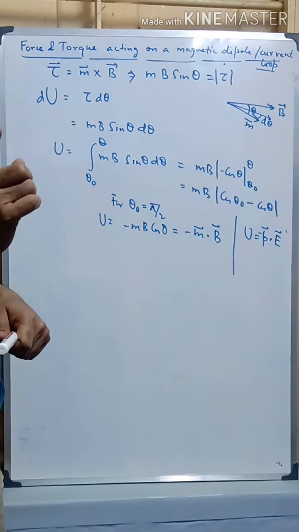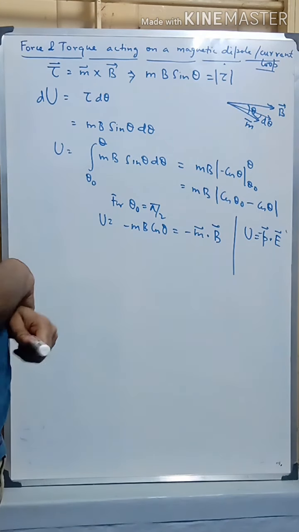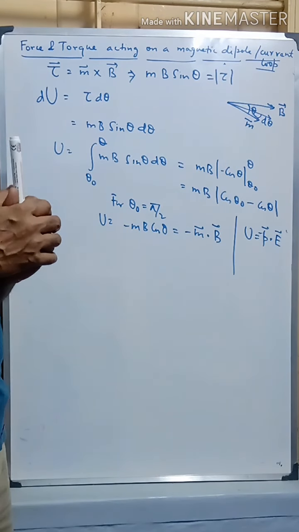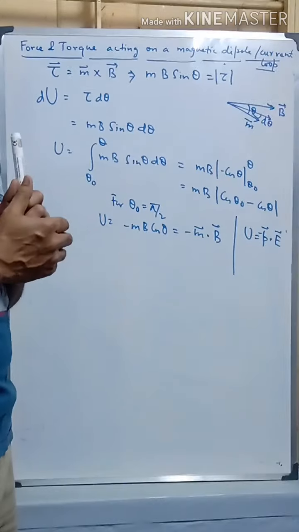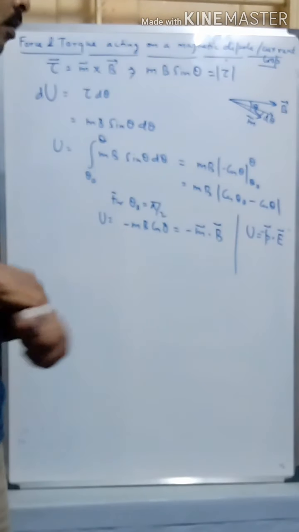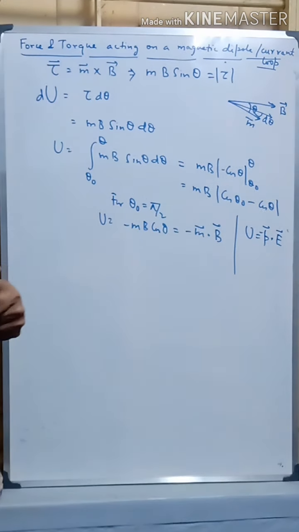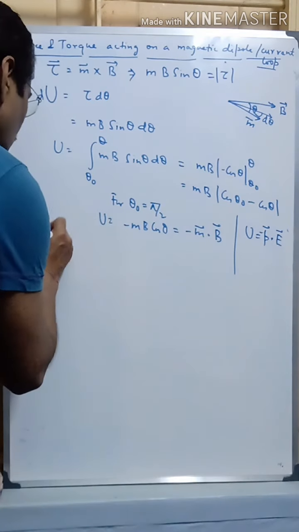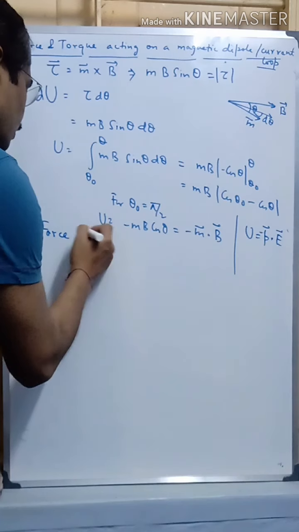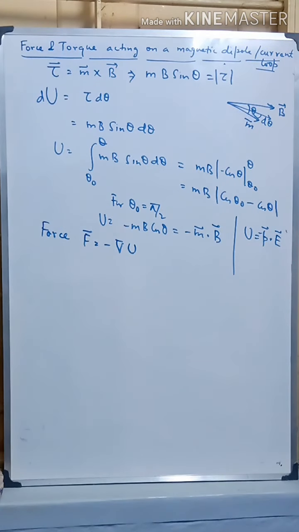If it was initially perpendicular, and you move it so that it aligns itself along the direction of the field, then the potential energy stored within that dipole would be equal to minus M dot B. Now, what is the force acting on the dipole? The force is the negative gradient of the potential energy, as we know.